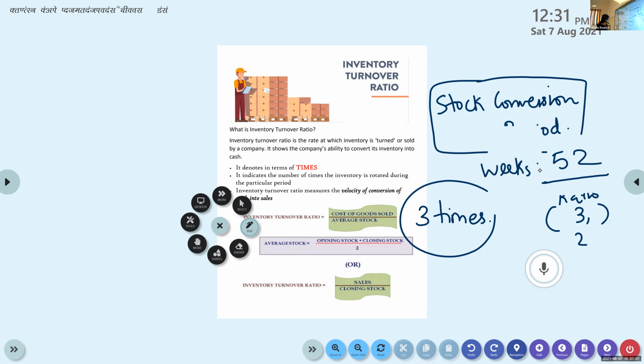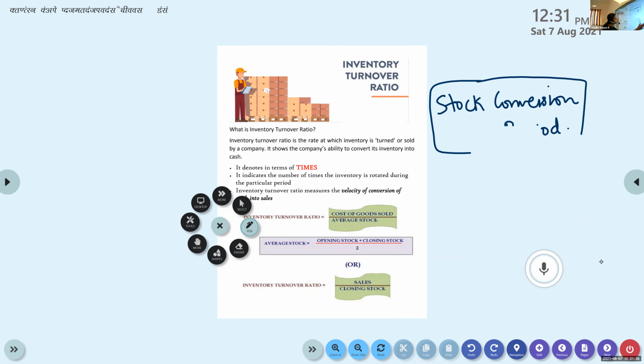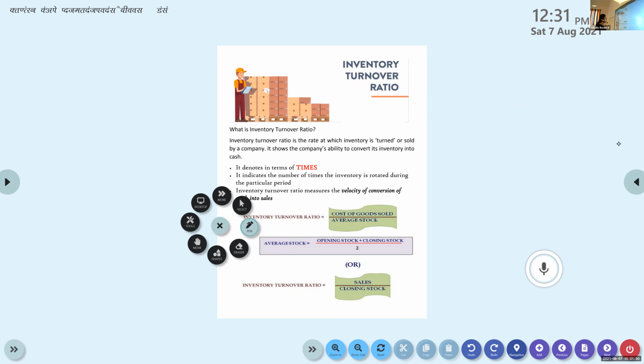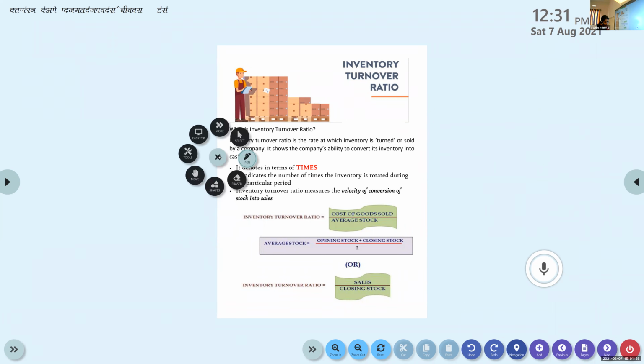If it is month, it is 12. Numerator will be 12 divided by the ratio. I hope it's clear. So this period is called stock conversion period. So this is all about inventory turnover ratio.